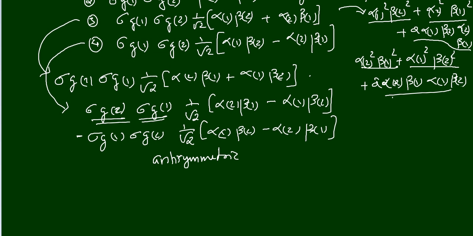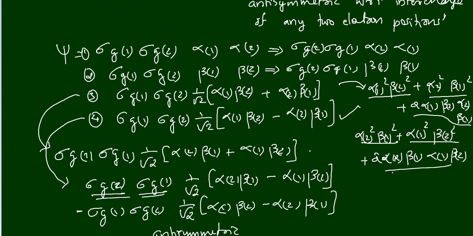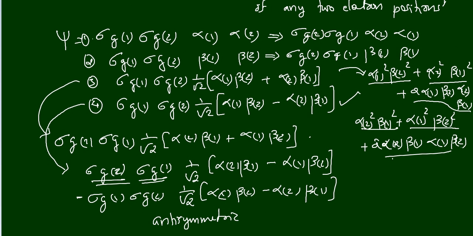So out of the four possibilities, according to Pauli's exclusion principle, the only function which is possible is the fourth one. The first three, 1, 2, 3, can be discarded because they are not going to obey the Pauli's exclusion principle. So we will strike out all these. Only the fourth one is possible according to Pauli's exclusion principle, and this is an anti-symmetric wave function.